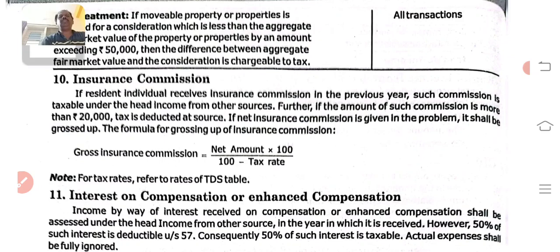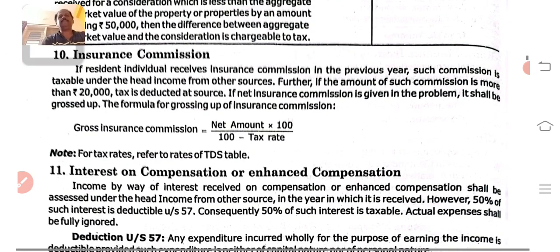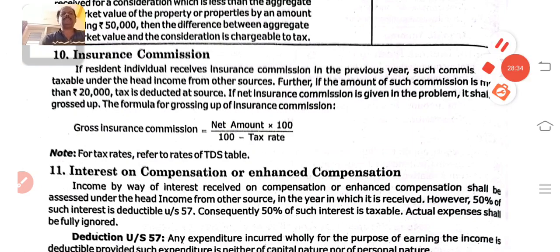If net insurance commission is given in the problem, it shall be grossed up. So the formula for grossing up of such insurance commission: net amount into 100 divided by 100 minus tax rate.